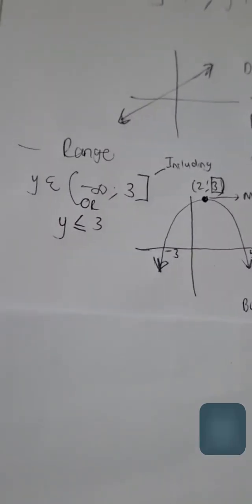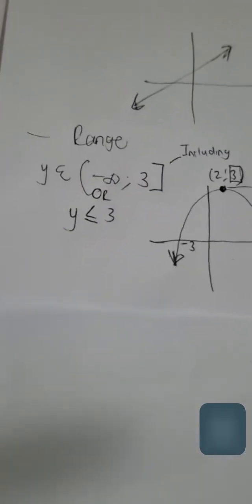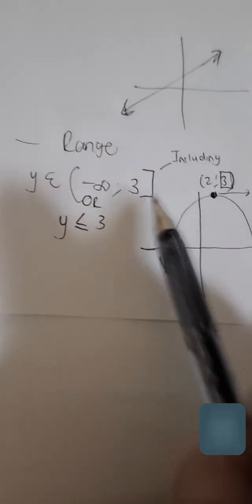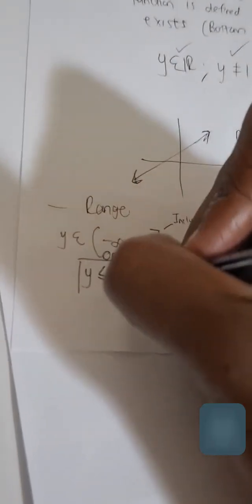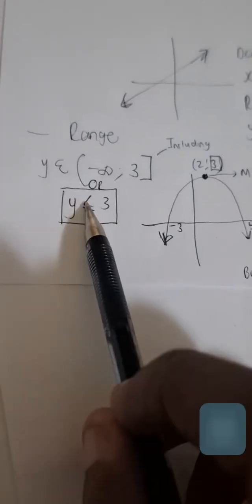We include the value of 3 there. So negative infinity to 3. Or, like I said, we could write the range in this fashion. We say y is less than or equal to 3. Remember, less than means below.